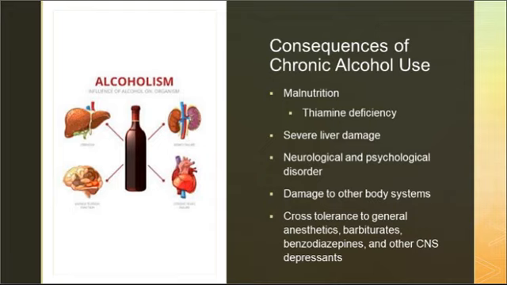Respiratory system: pneumonia, bronchitis, tuberculosis, increased risk. Central nervous system: seizures, neuropathy, sleep disturbance, alcohol dementia. Effects on reproductive: erectile dysfunction, decreased testosterone, decreased sex drive, menstrual irregularities. And alcoholism is 5 times greater risk of dementia. And there's a cross tolerance there.